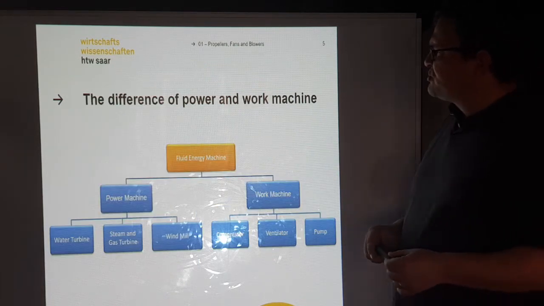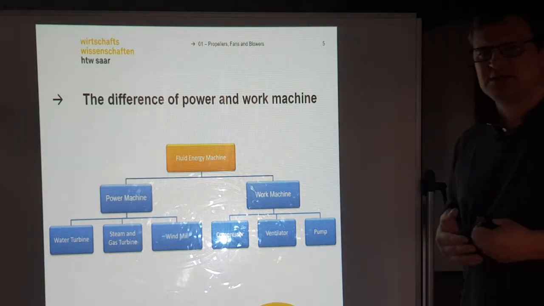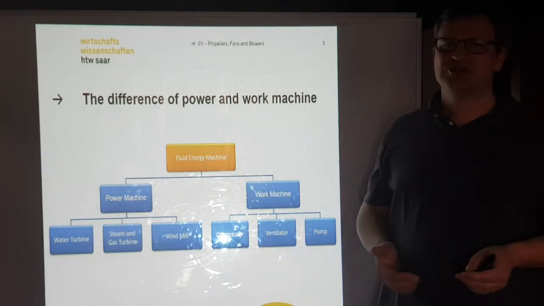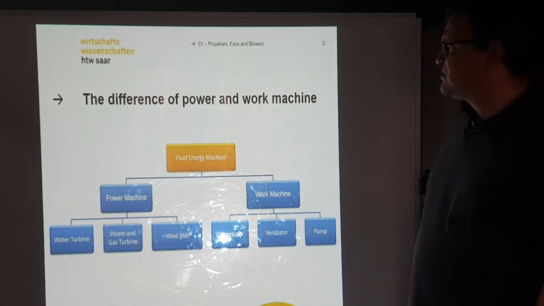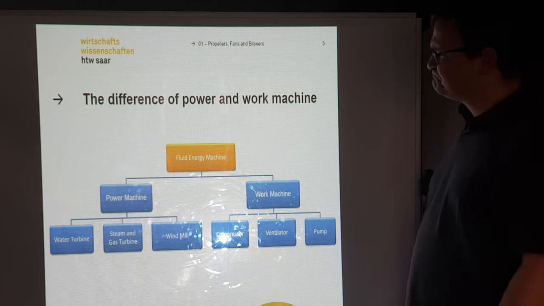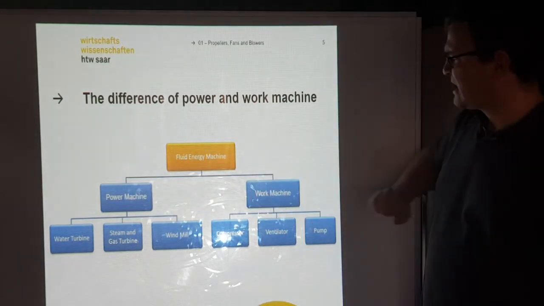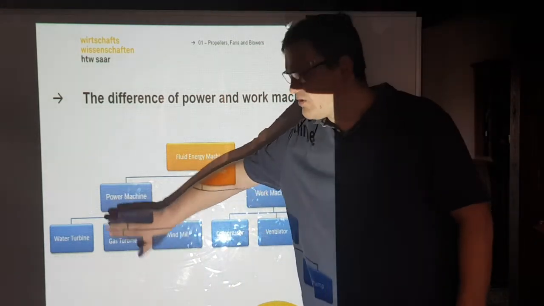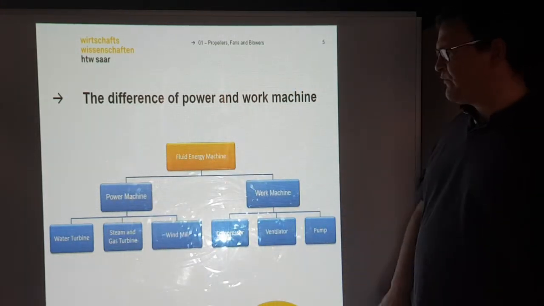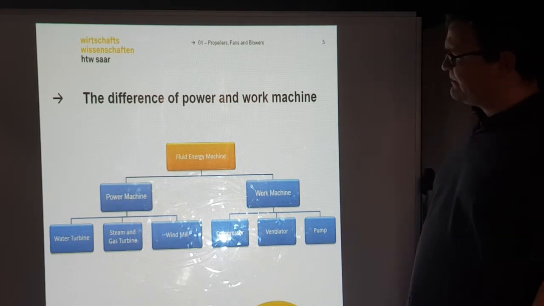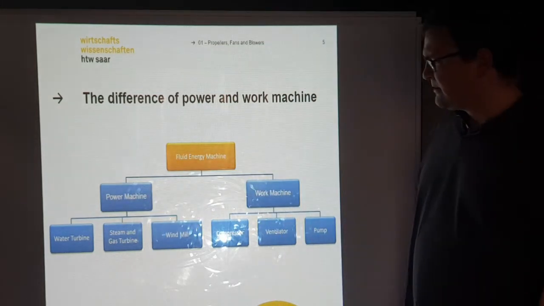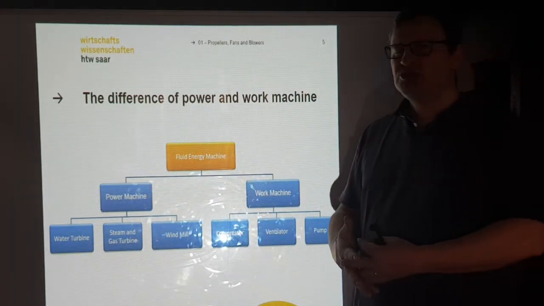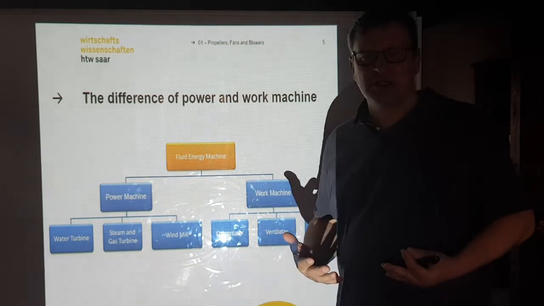I've shown you that we can divide the fluid energy machines in piston machines and in flow machines. But there is also another possibility to divide both types of machines. We can divide the fluid energy machines in power machines or in work machines. If we divide it in power machines, we can say, for example, a power machine is a water turbine.